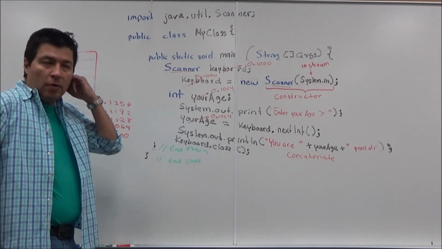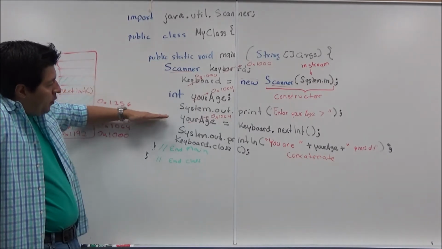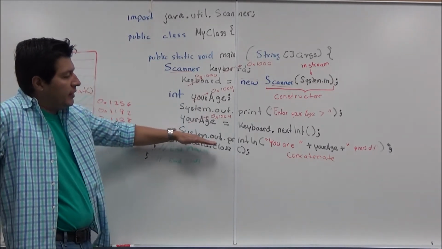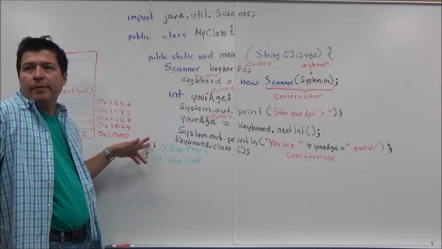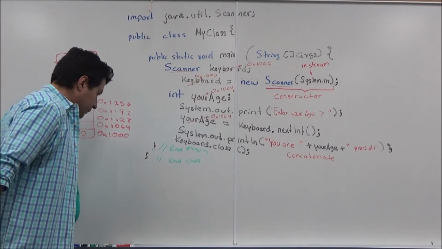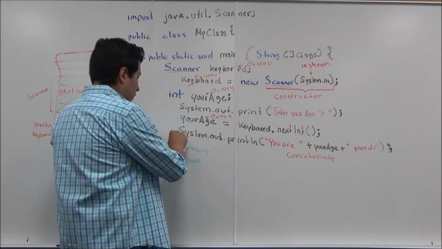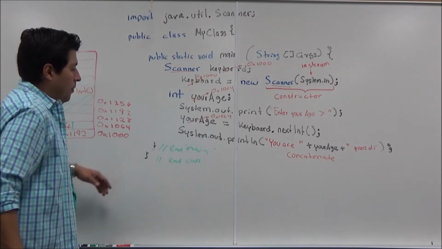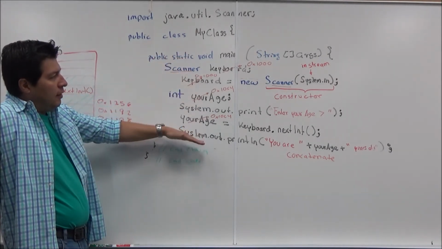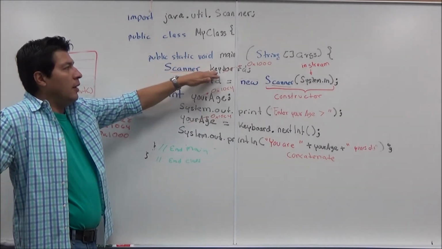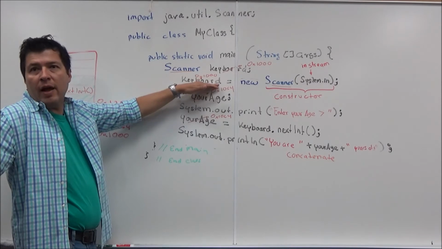So what happens is the computer reads top to bottom, right? Start reading here, here, here, here, here. Before I had this sentence here, anything that existed here, the computer created or declared this variable, and then allocated memory for that object.